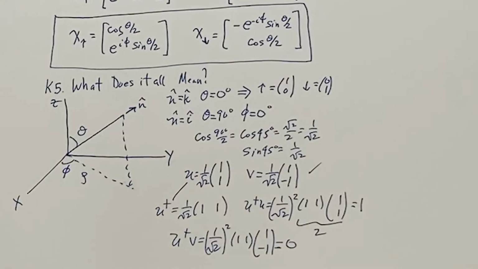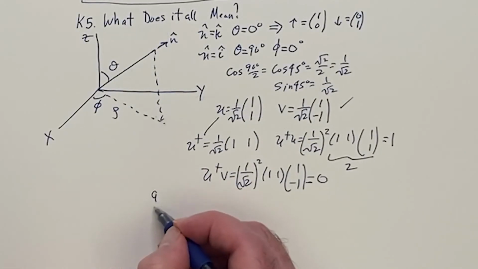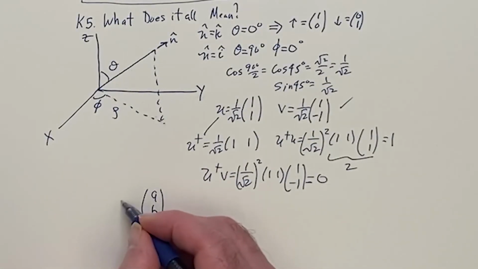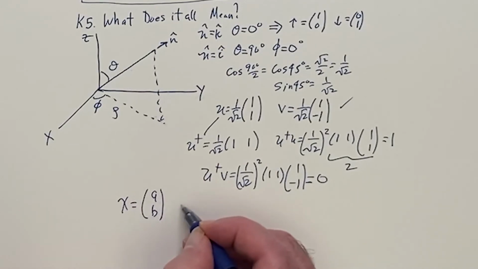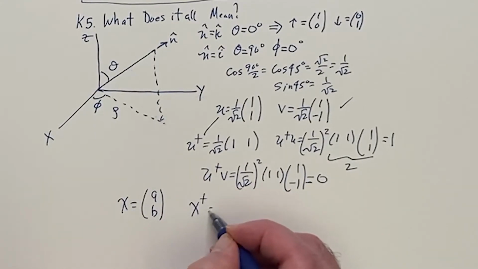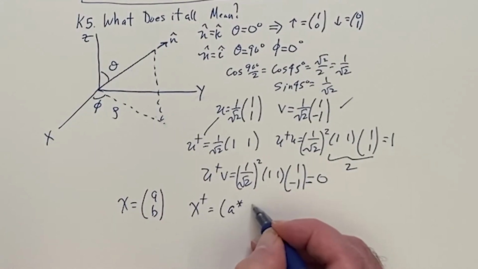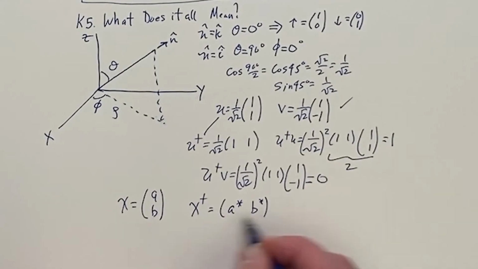That's kind of cool. And in general, if you have, say, some A and B like this, for some spinor, then the dagger would be to go A star, B star, and turn sideways.